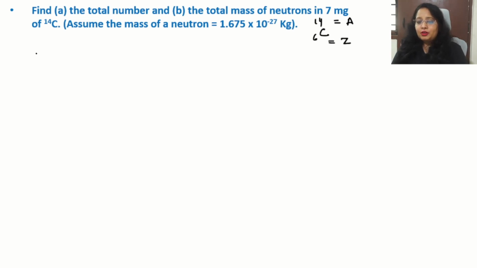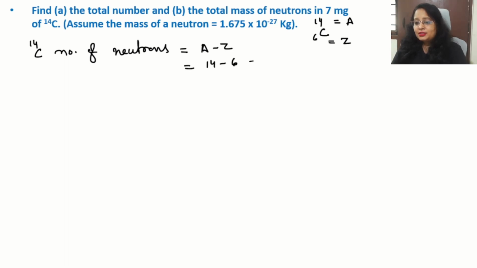So first of all, in C14, number of neutron is, so we are getting in 1 molecule of C14 number of neutron is A minus Z, that is 14 minus 6 is equal to 8 neutrons. In 1 molecule of C14 we have 8 neutrons.